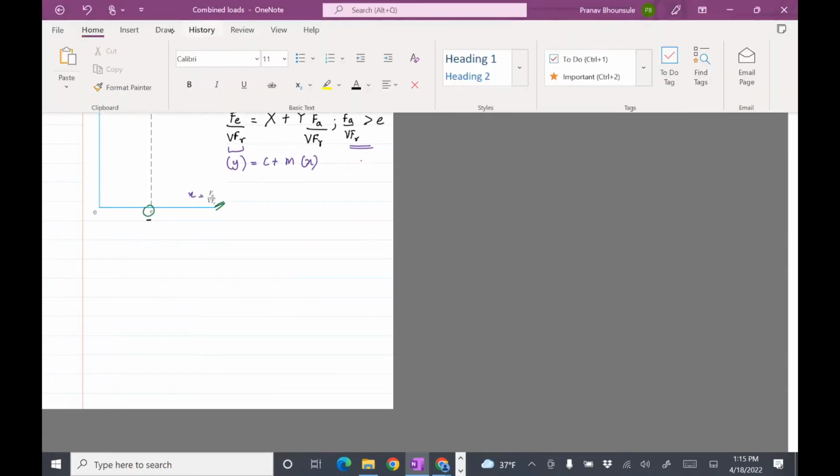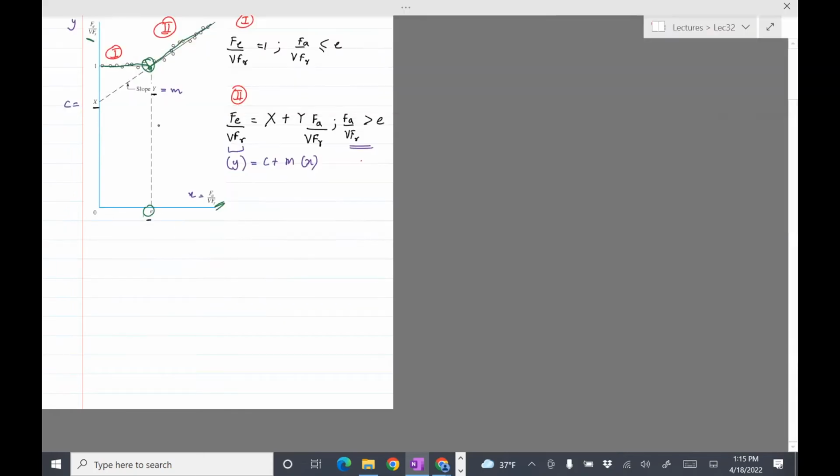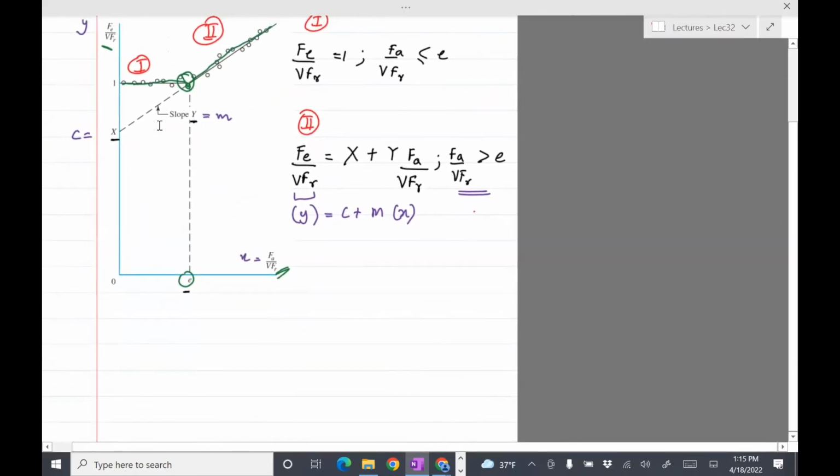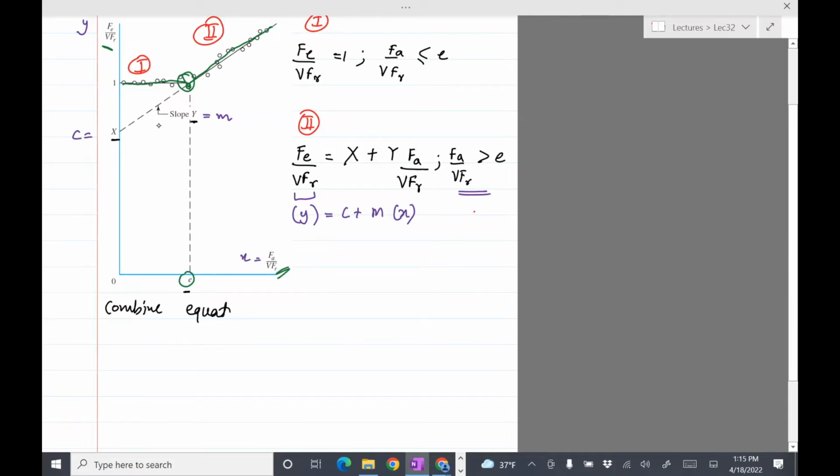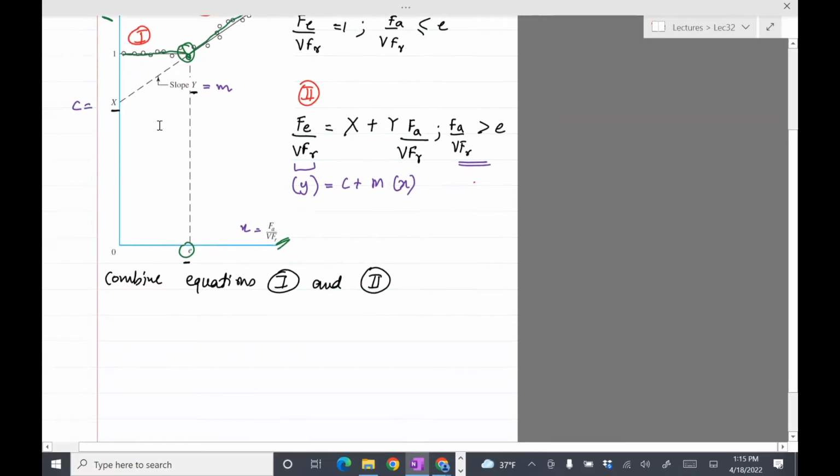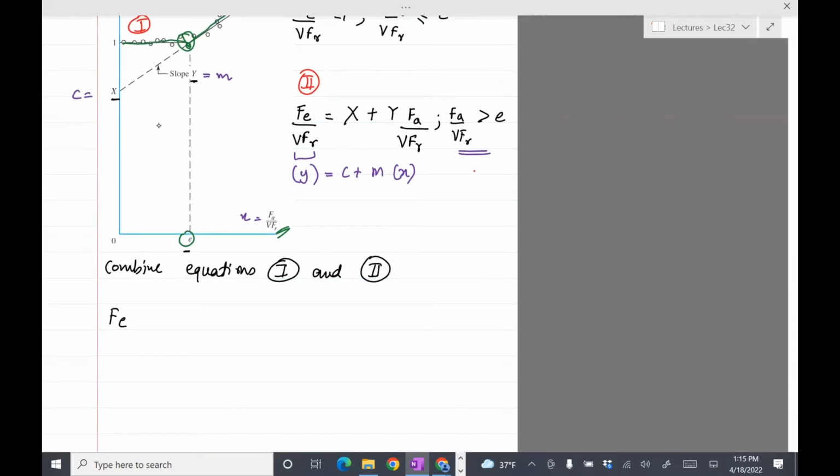So we can combine both these equations as a single equation. So let's do that. The equation is FE equals XI times V times FR plus YI times FA.